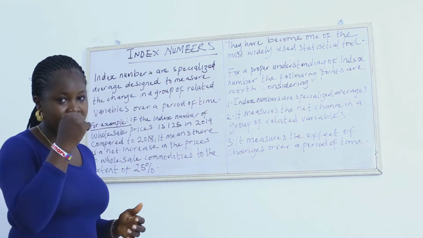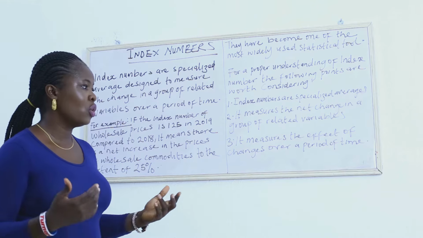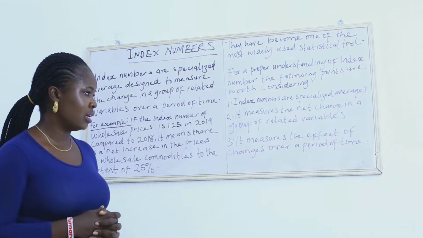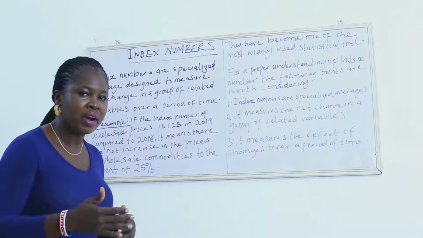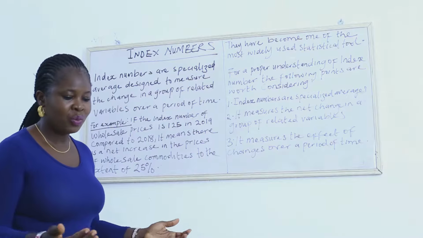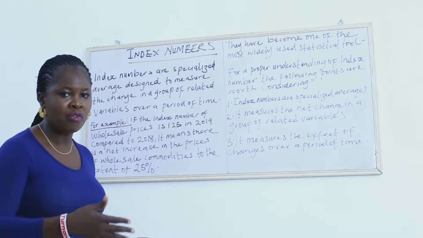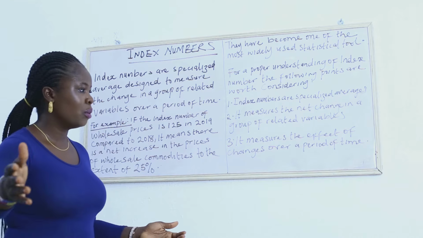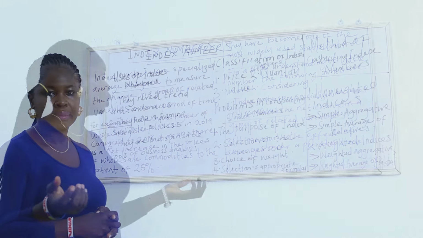One, they are specialized averages. Two, they are used to measure the net change in a group of related variables. Then also it takes effect over a period of time. You can't say we want to know the index number between January and February. It is over a consistent period of time, or over a long period of time.